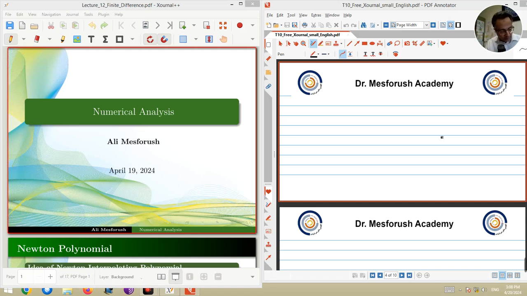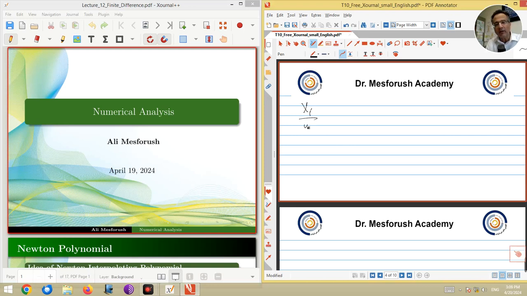The first one was that if we want to compute the interpolating polynomial for a huge number of nodal points, for example, you have xi and yi, lots of nodal points, it is very difficult to compute Li of x for i equal to 0, 1, 2, up to n, if n is a great number.